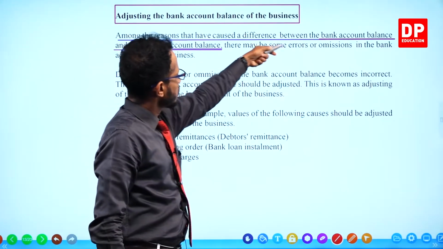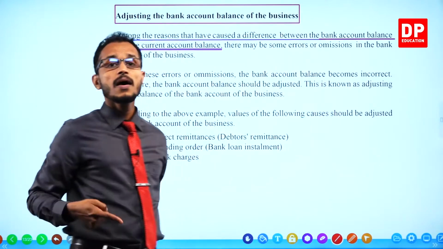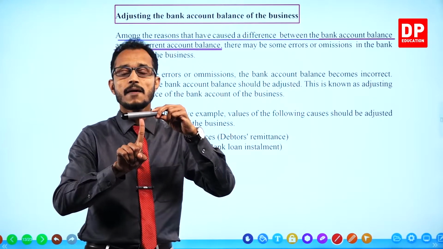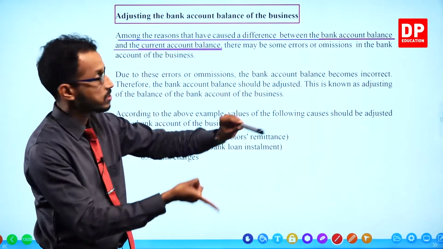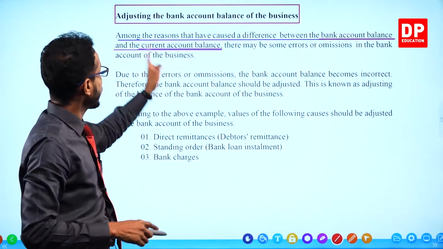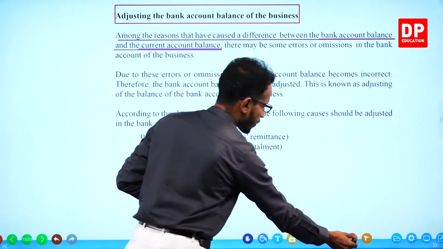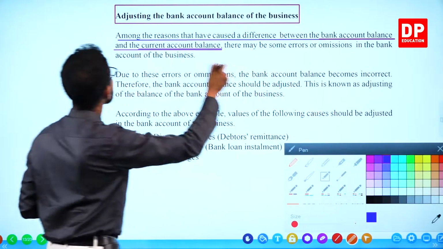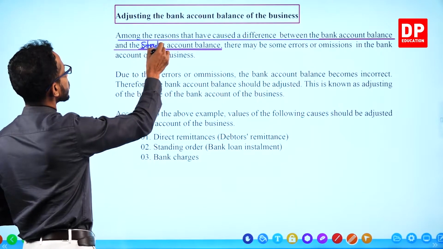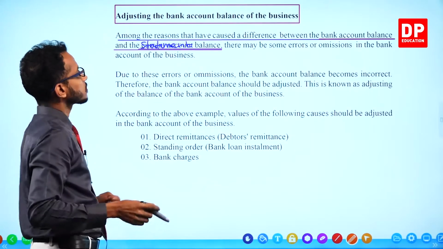Among the reasons that have caused the difference between the bank account balance, that is our bank account, that is the business bank account, and the current account balance. Here, when there is a current account balance, they are referring to the statement balance.